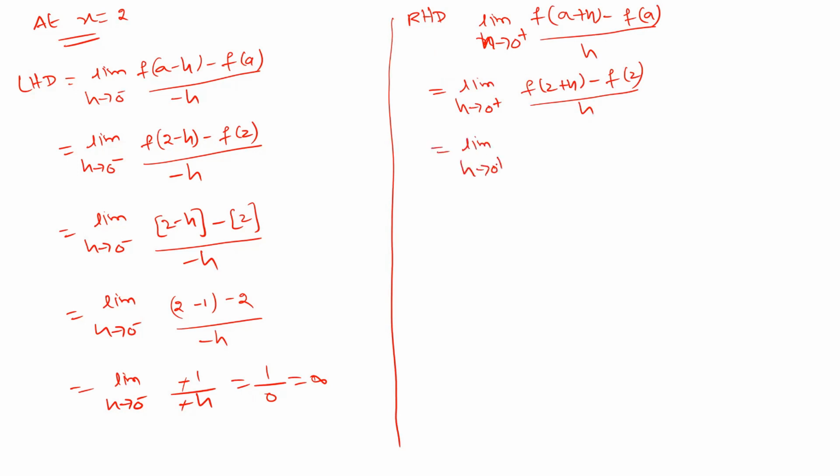Limit h tends to 0 plus, f of 2 plus h is nothing but the greatest integer function of 2 plus h, minus f of 2, also the greatest integer function of 2, divided by h. So limit h tends to 0 plus. So the value of 2 plus h is nothing but 2 plus 1 only, minus 2, divided by h here. 2 plus 1 is 3, 3 minus 2.